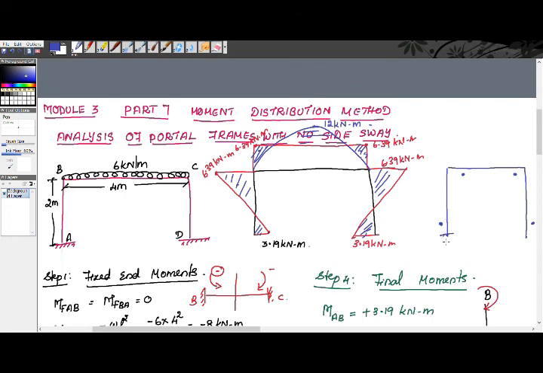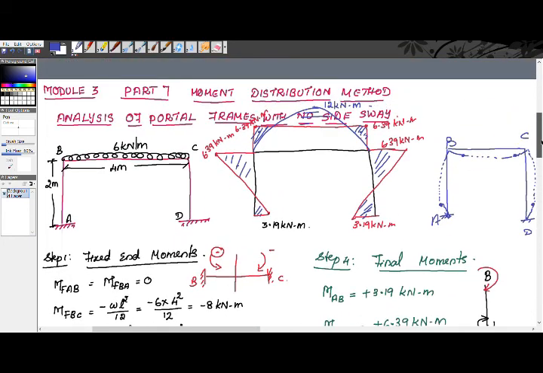So our deflection diagram will be like this. So this is our deflection diagram, A, B, C and D.